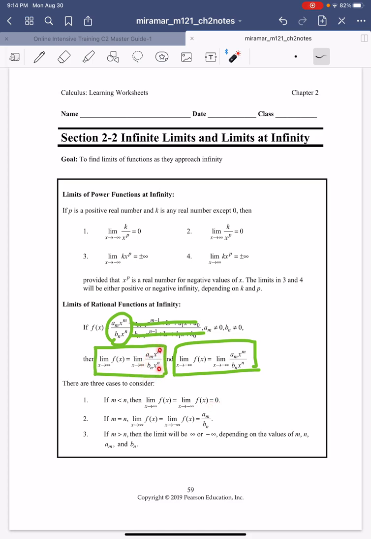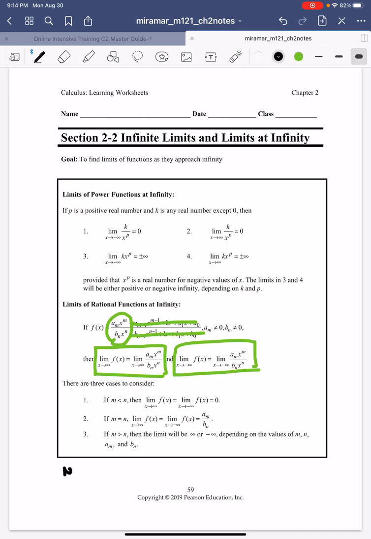If they are the same power, your limit will be just the ratio of the leading coefficients, so you only have to look at the coefficients. And the last case is if you have a top-heavy function, so the numerator has a higher degree, then it will be positive infinity or negative infinity depending on the values of m, n, a sub n, and b sub n. So we will look at some cases where we use these three cases.